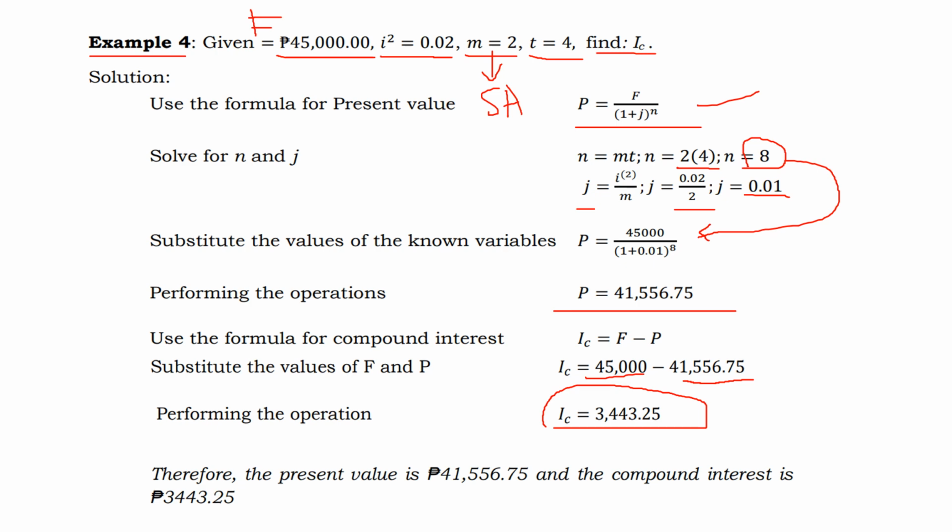So therefore, the present value is 41,556.75 pesos, and the compound interest is 3,443 pesos and 0.25 centavos. And that will be the final answer for this example number 4.